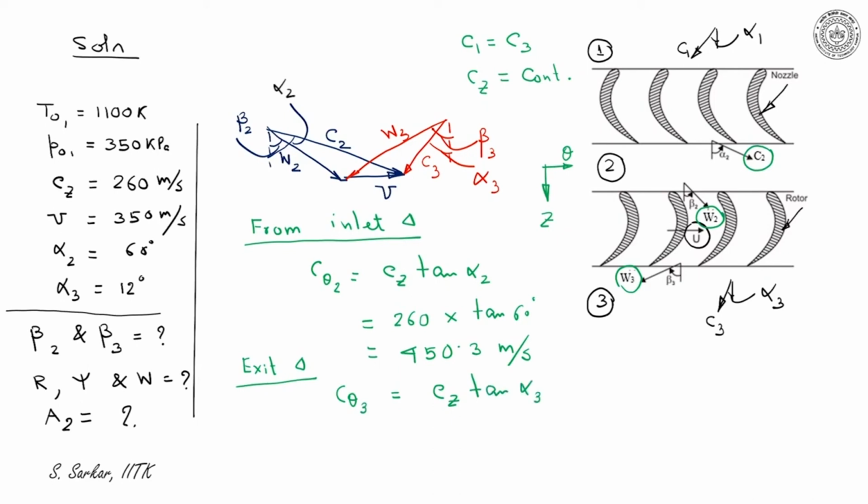I know the value of tan alpha 3. Alpha 3 is equal to 12 degree. So this is equal to 260 into tan 12 degree. If you do the calculation, you will get 55.26 meter per second.